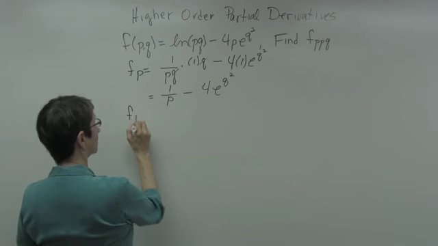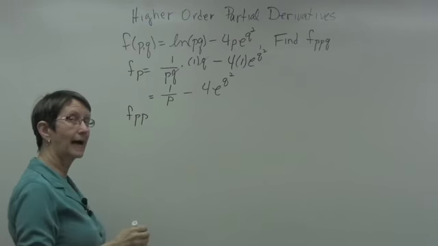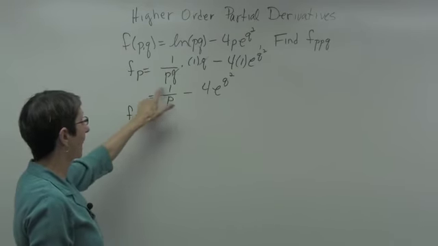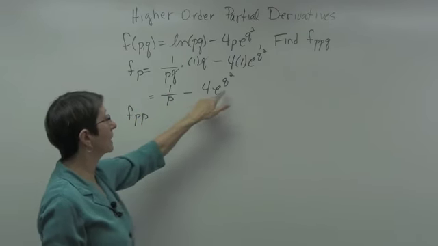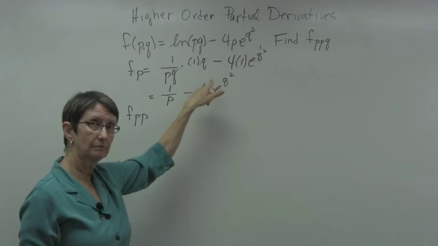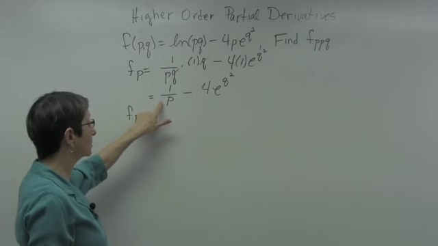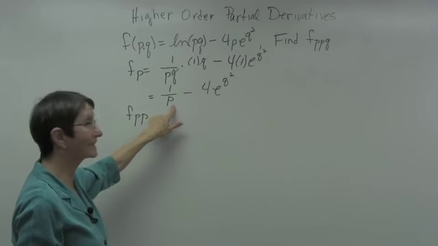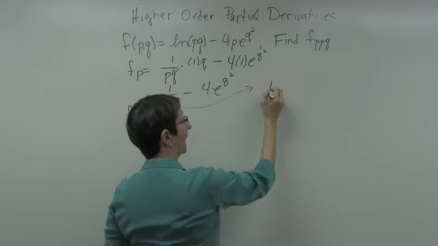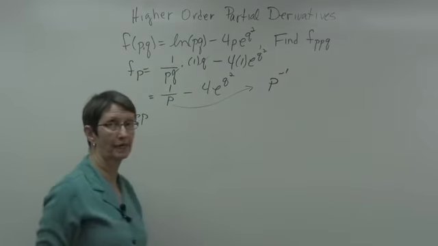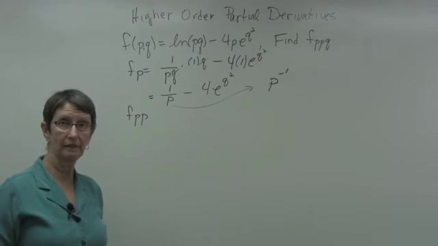If I find the partial of f with respect to p a second time, I'll only use this term because there's not a p left in that one. And I can't just take the derivative of p as it sits here. We have to rewrite this expression as p to the negative 1 in order to take the derivative of it.